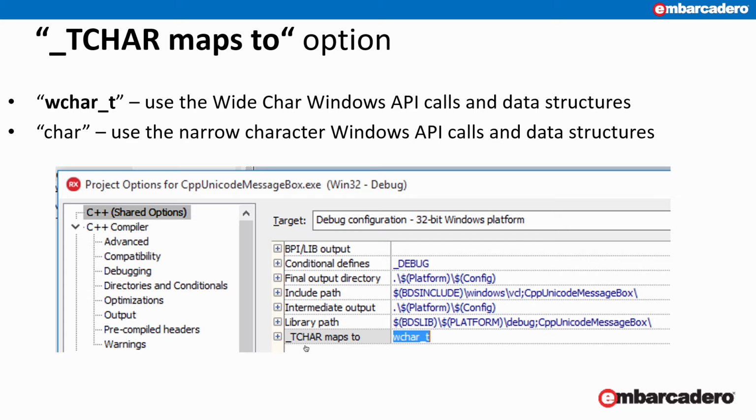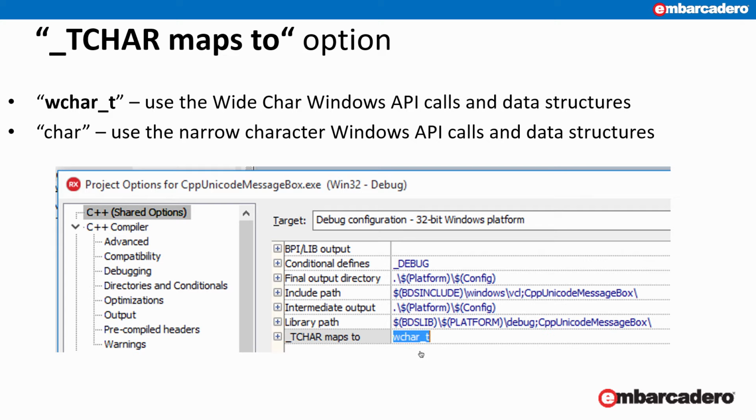If _TCHAR maps to wchar_t, this is the typical default for C++ applications that use the VCL or FireMonkey. The other option would be _TCHAR maps to char. And if it's set to char, this is the default for C++ applications that do not use the VCL or FireMonkey, such as C++ console applications.